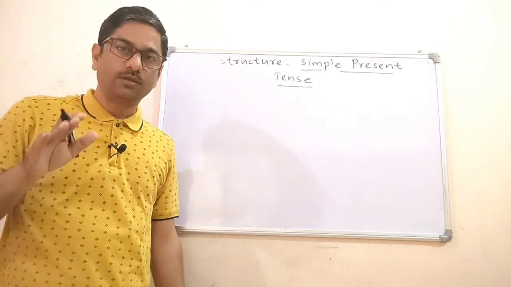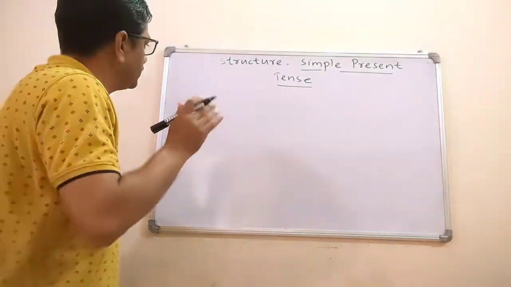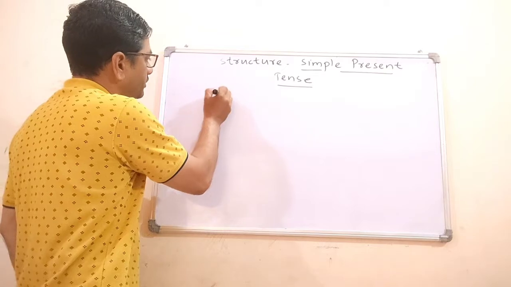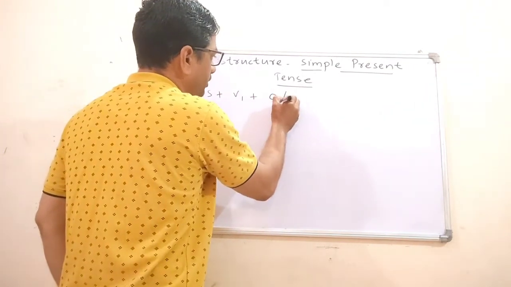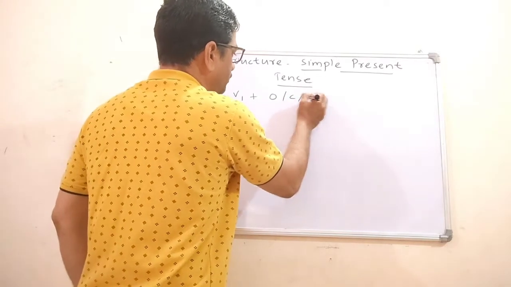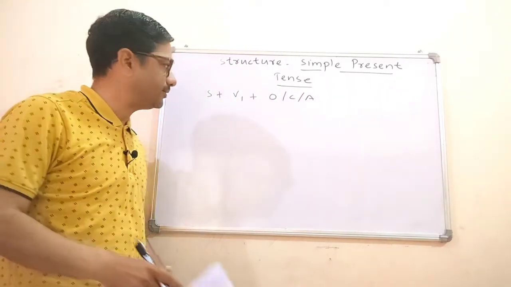First of all, we will study the structure. The structure is very easy. It is subject plus base form of the verb plus object or complement or adverbial.